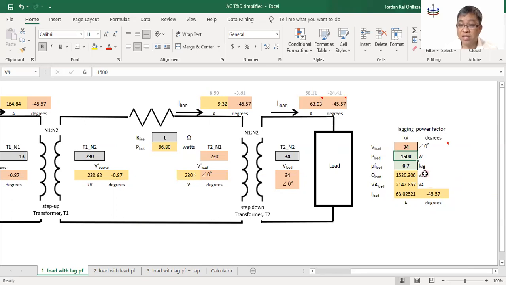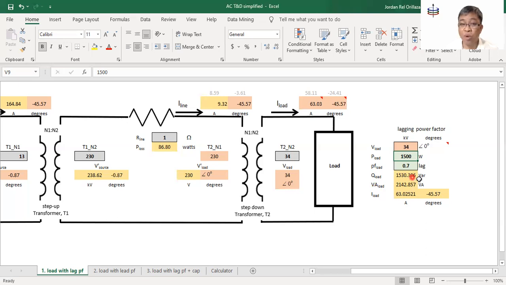What you'll notice is for the load, we need to specify the power requirement in watts, the power factor, and the voltage. The voltage here is copied from the rating of the transformer. So basically, you connect a load consistent with the rating of the transformer. If this is a 34 kilovolt transformer secondary, then this should be a 34 kilovolt load as well.